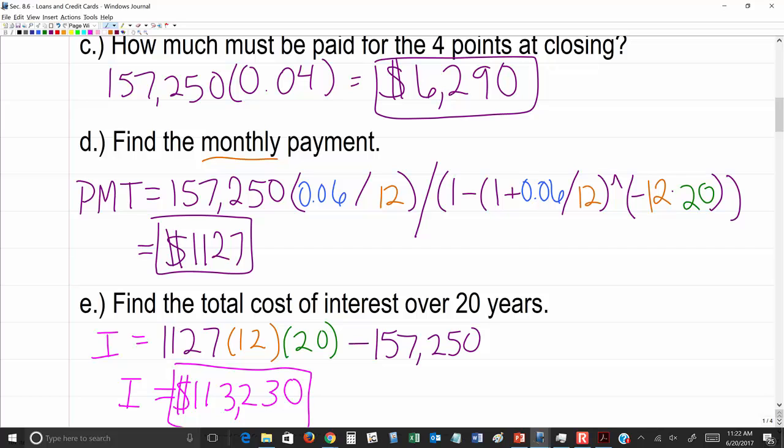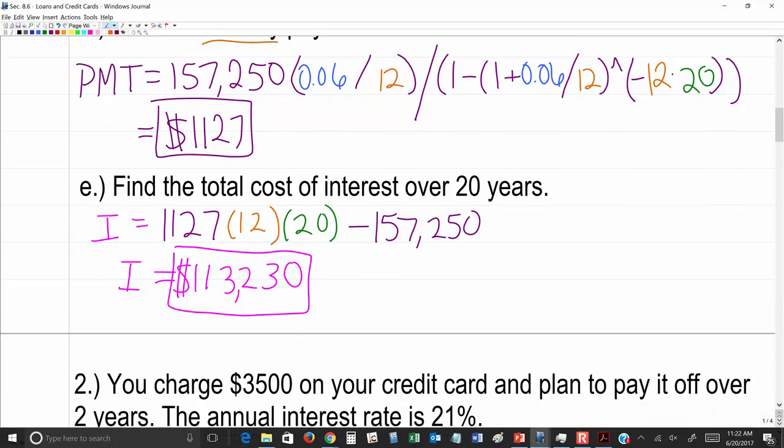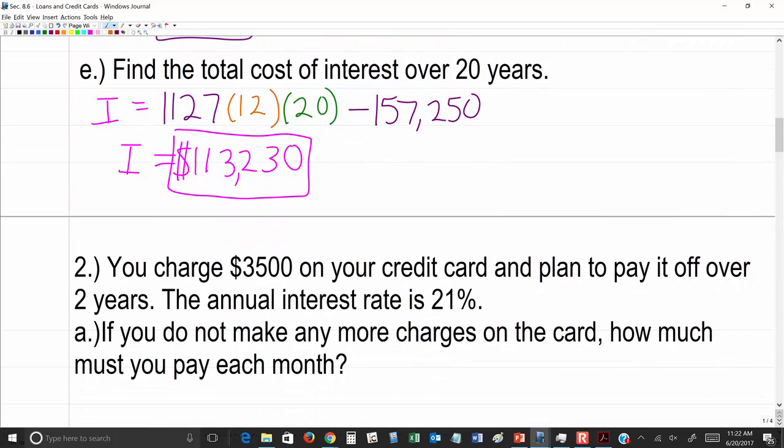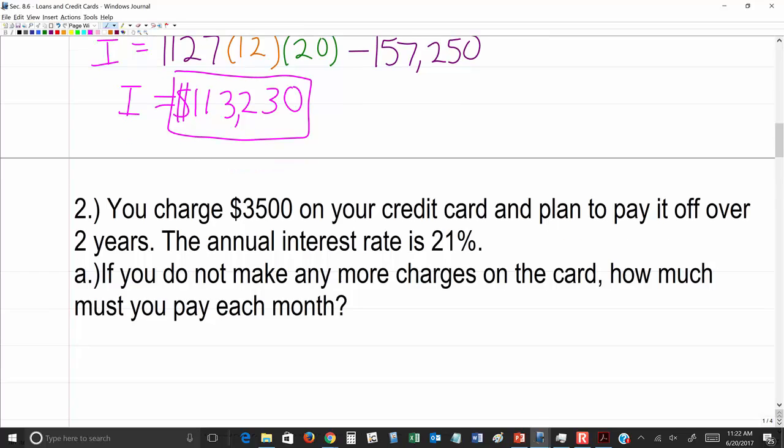Yeah, and I know that's not right, and I don't understand what I'm doing wrong. I know how to put it in the calculator. Did you look back through it? Yeah, 1127. You can go ahead, I'll figure it out. Obviously it's not 11,000 for the payment.